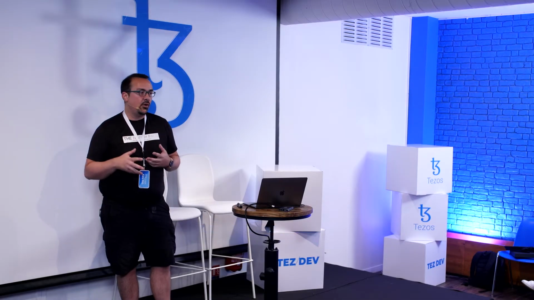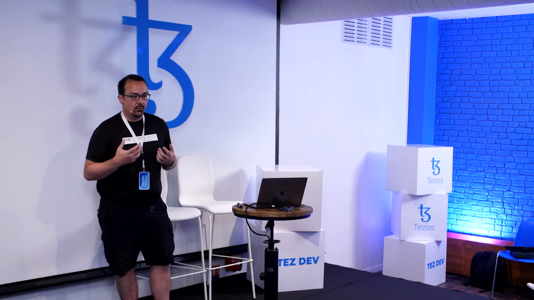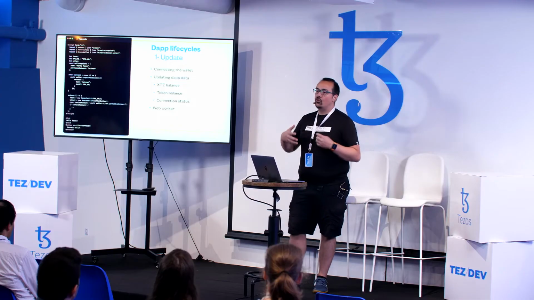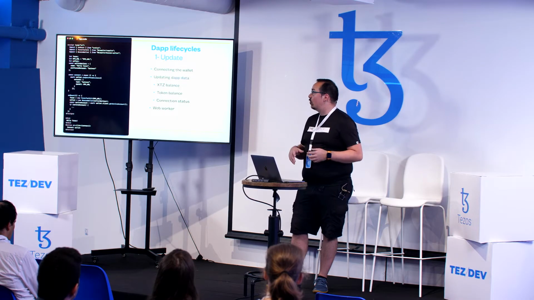The web worker is a very interesting thing to do because when you have an application that's connected to the blockchain, you can have a lot of intensive computations to do, or you want to check every 30 seconds that something is new. JavaScript can be a little bit annoying about that. You don't want the application to freeze or get stuck.